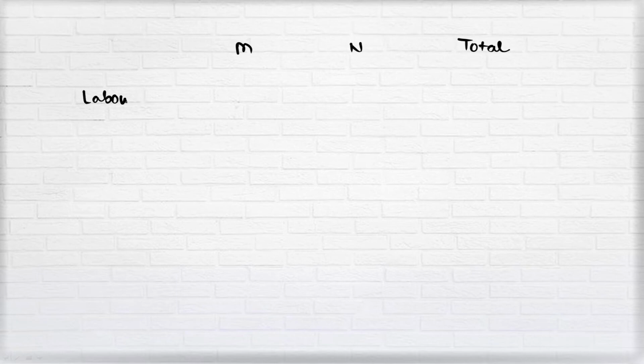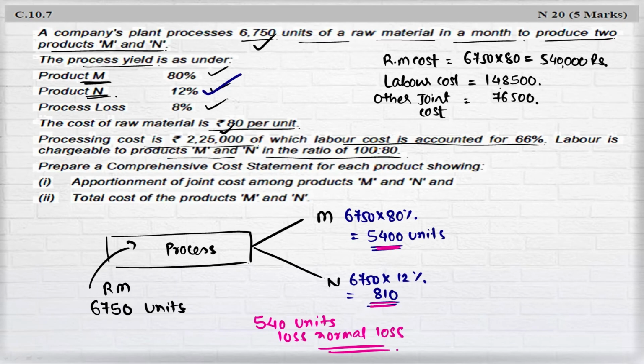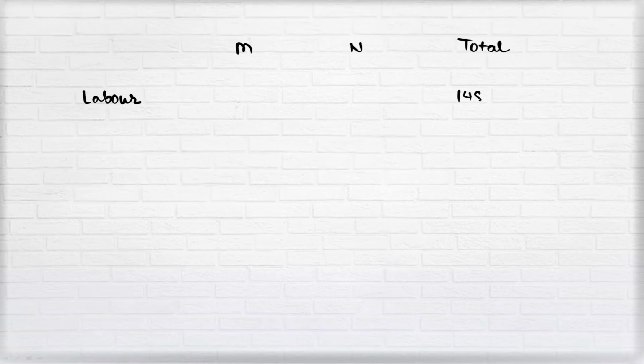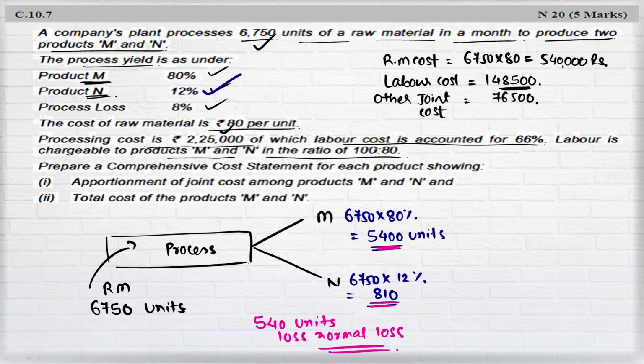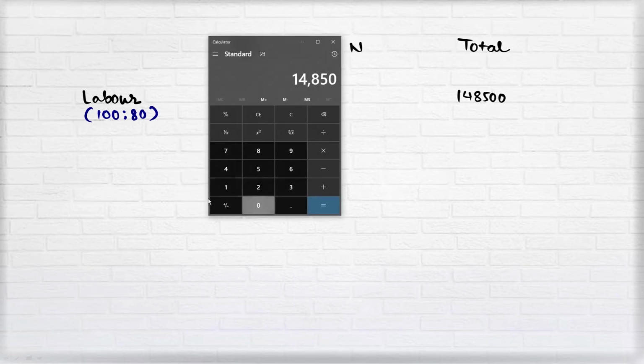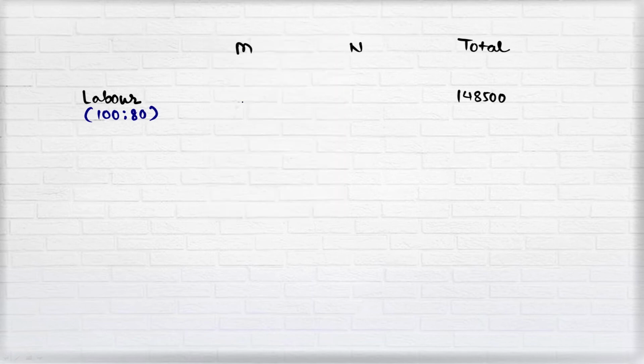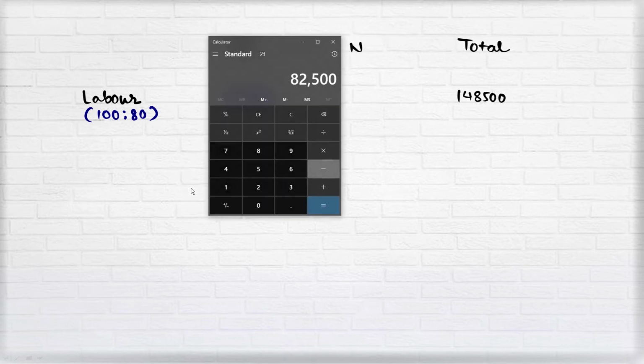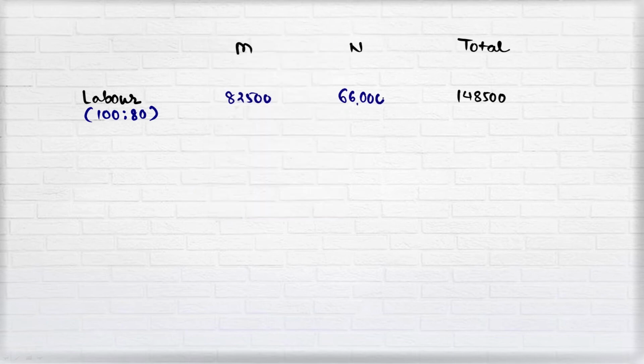Labor cost is 1,48,500, to be distributed in the ratio of 100:80. So 148,500 into 100 divided by 180 will be 82,500. And 148,500 minus 82,500, which is 66,000, will be distributed to N.